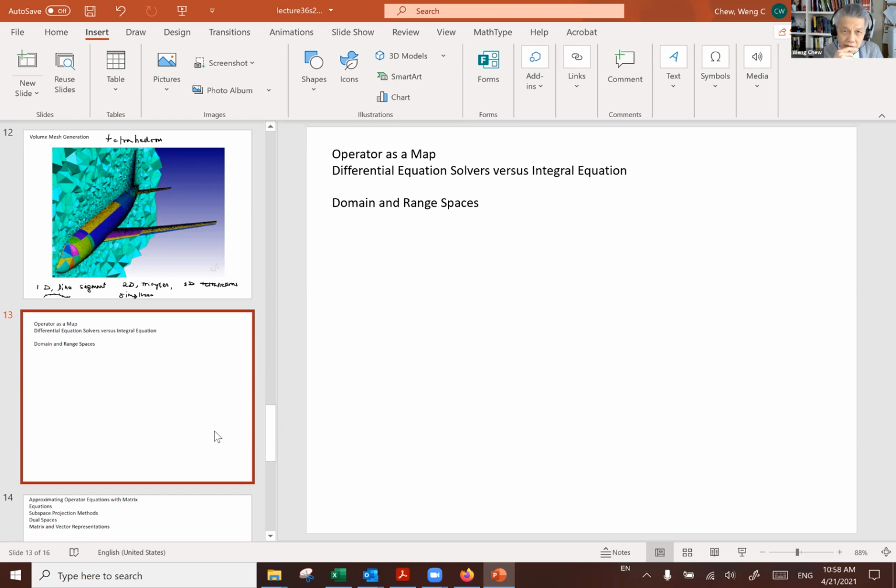Okay, solving these equations, as I said before, there are 2 main types of equations: differential equations and integral equations. So in general, the equations are written as LF equals G, and this can be from an integral or differential equation, and mathematically this linear operator is usually written in this manner.